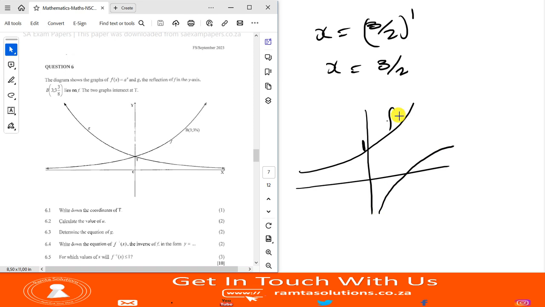For f inverse, it'll be the x value, right? So I believe this is your f inverse, right? So now you ask yourself, where will this be less than 1?